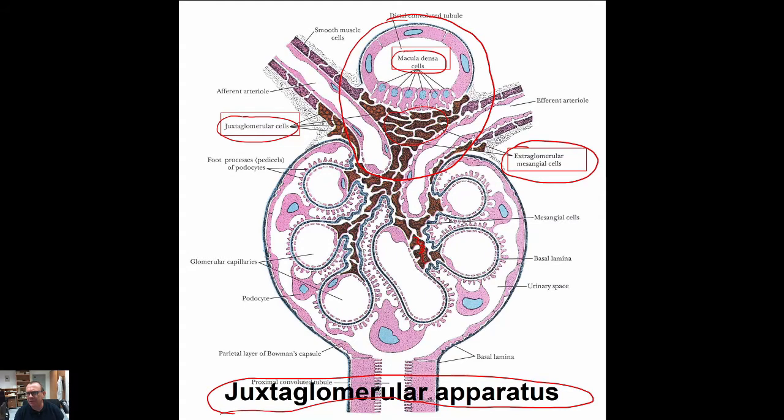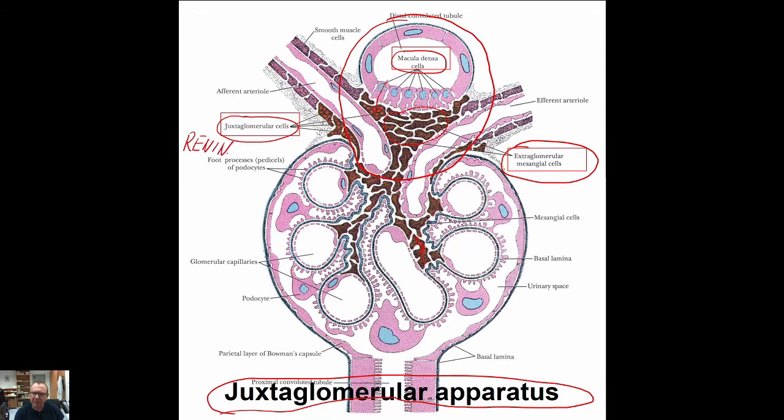This information about the sodium content is then given to juxtaglomerular cells. They receive this information, and if the amount of sodium ions here is high, they secrete a special enzyme. It isn't a hormone, it is an enzyme. It is called renin.